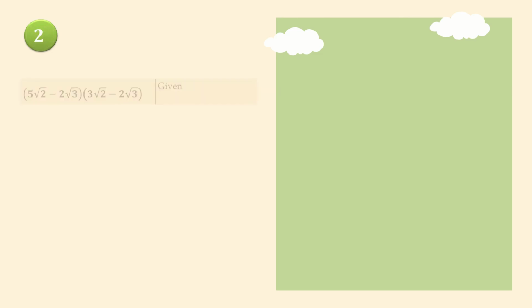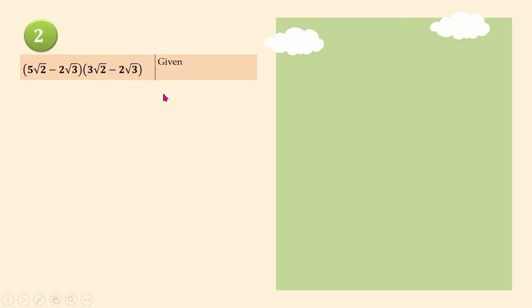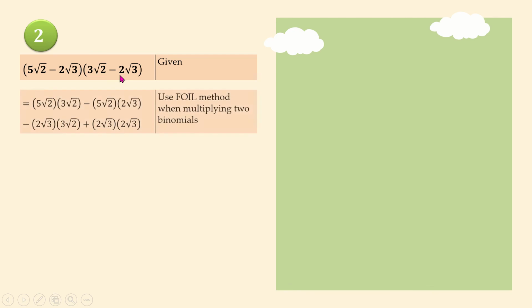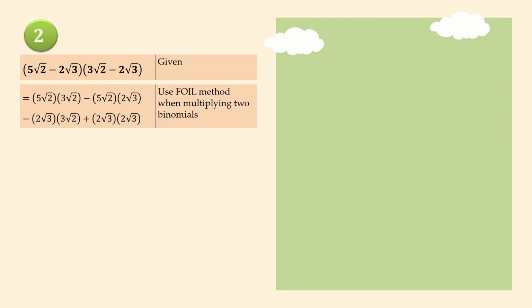Sample number 2: 5 square root of 2 minus 2 square root of 3, times the second binomial, 3 square root of 2 minus 2 square root of 3. Again, we use the FOIL method when multiplying. First term times first term: 5 square root of 2 times 3 square root of 2.